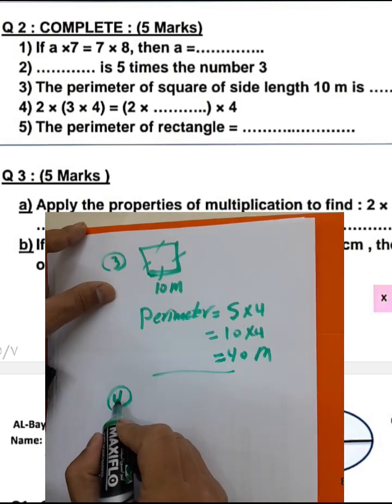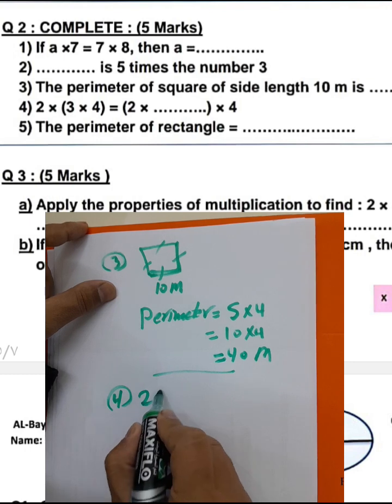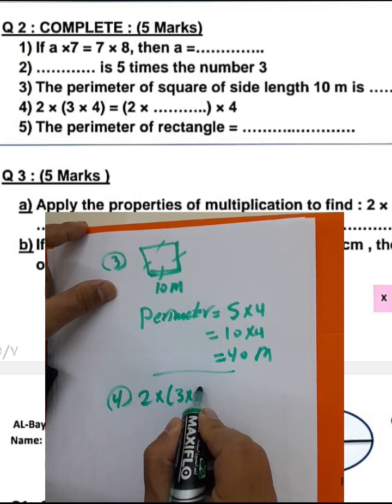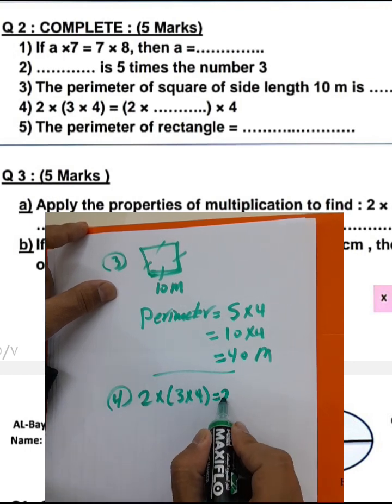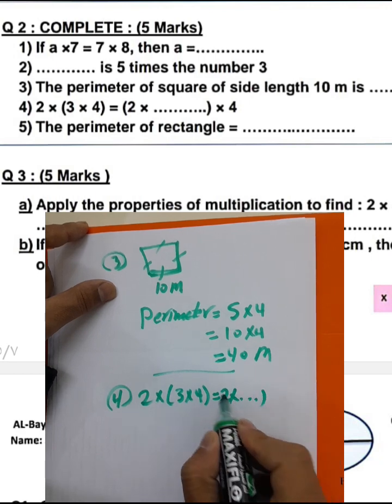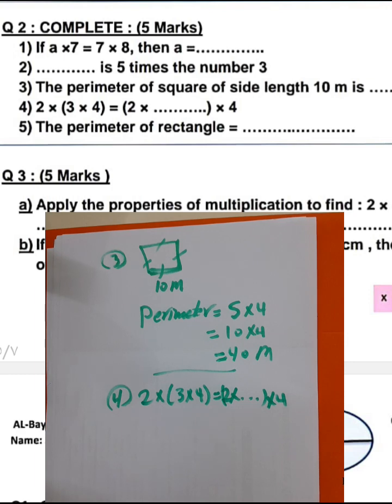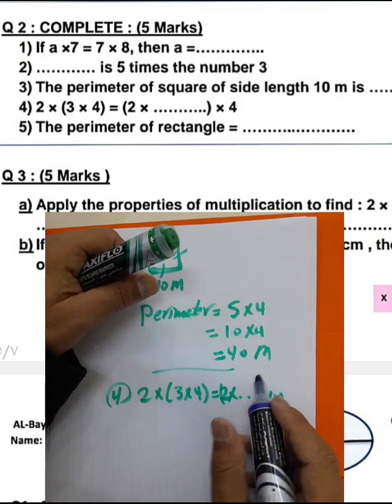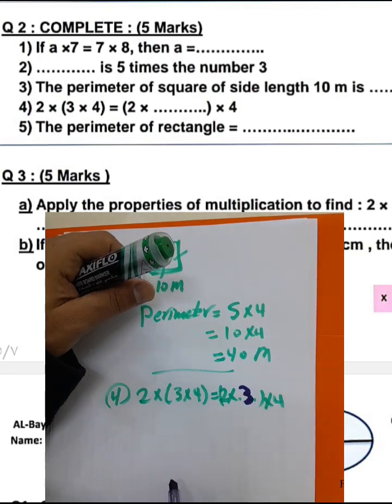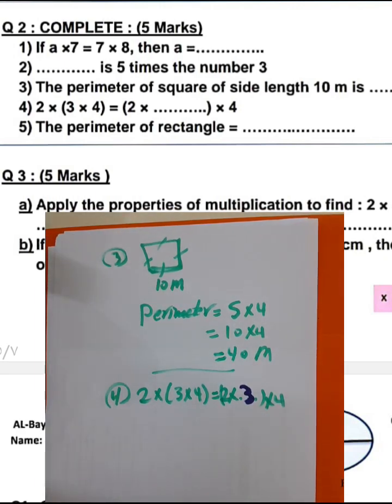Question number 4. 2 times 3 times 4 equals 2 times space times 4. We used here what? Commutative properties. We can replace the two numbers here, 3 and 4, and write 3 here in the space. Commutative properties. Question number 5.